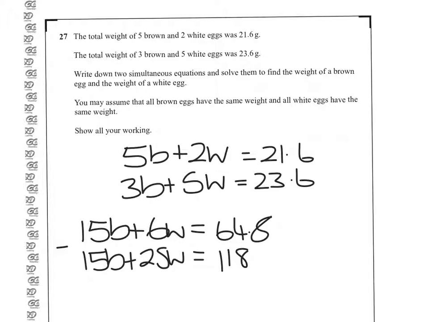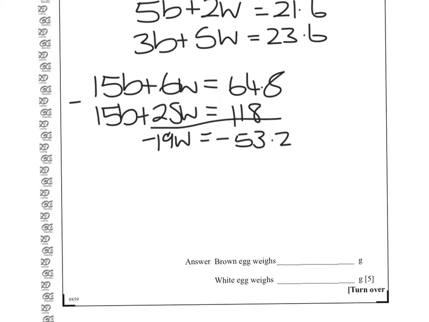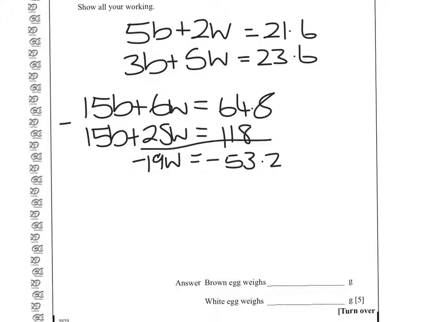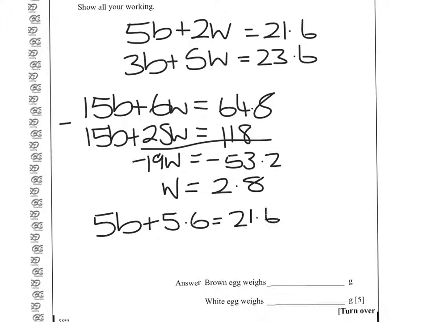And if we subtract those, we have that minus 19w equals minus 53.2, which means that w must equal minus 53.2 divided by minus 19. That gives a weight for the white eggs of 2.8. 5b plus 2w equals 21.6.